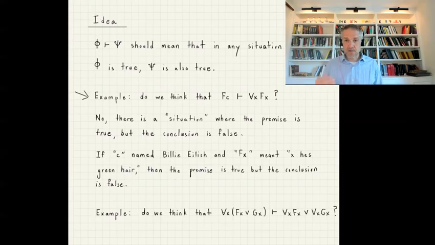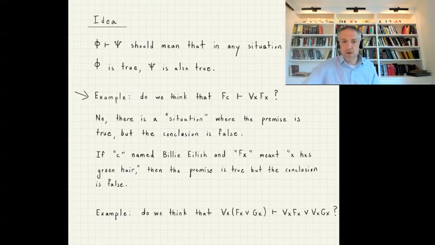But let's start in the first part of this lecture with the intuitions behind the technique. The intuition is, can we think up a situation where the premise is true and the conclusion is false? In a few minutes we'll make it more precise what it means to think up a situation, but let's start with the intuitive idea. What do we mean by think of a situation?